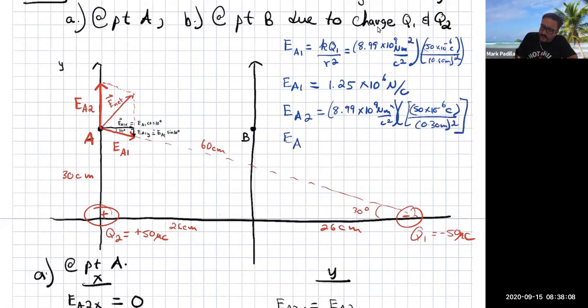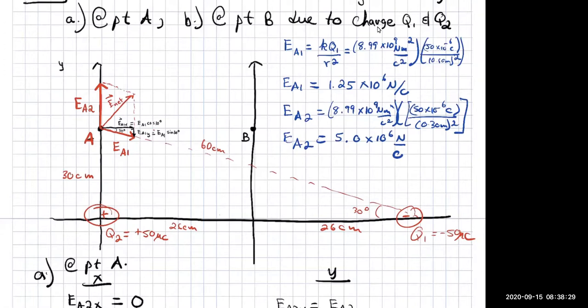And EA2, plug that in your calculator, and I get, so that's going to be larger, right? 5.0 times 10 to the 6 newtons per coulomb. Anybody else get that? Same thing. All right, good. So we have the magnitude.